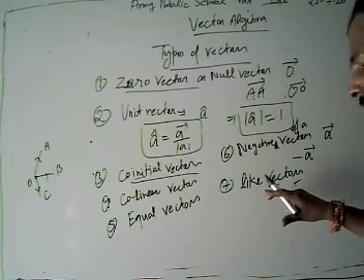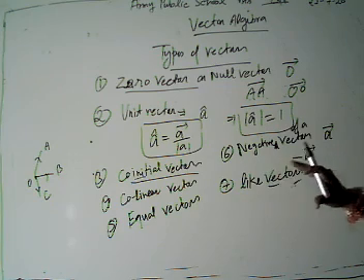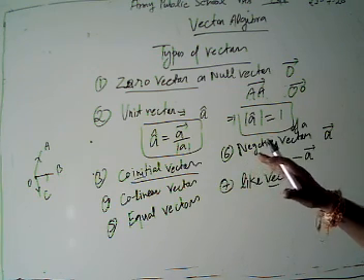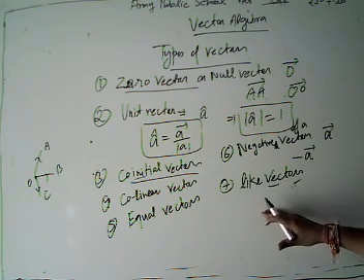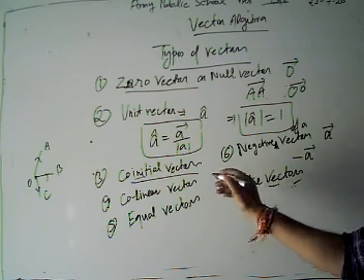Like vectors are irrespective of magnitude. The simple meaning of like vectors is that two or more vectors are said to be like vectors if their directions are the same.